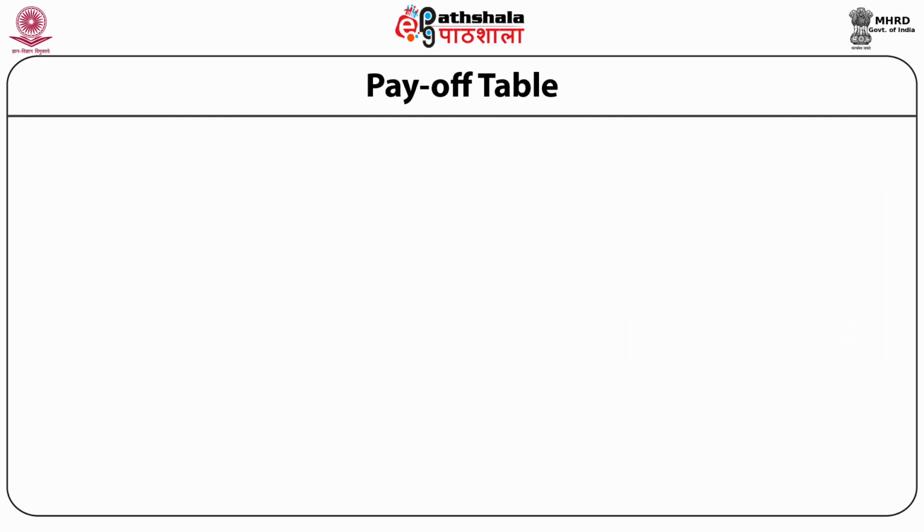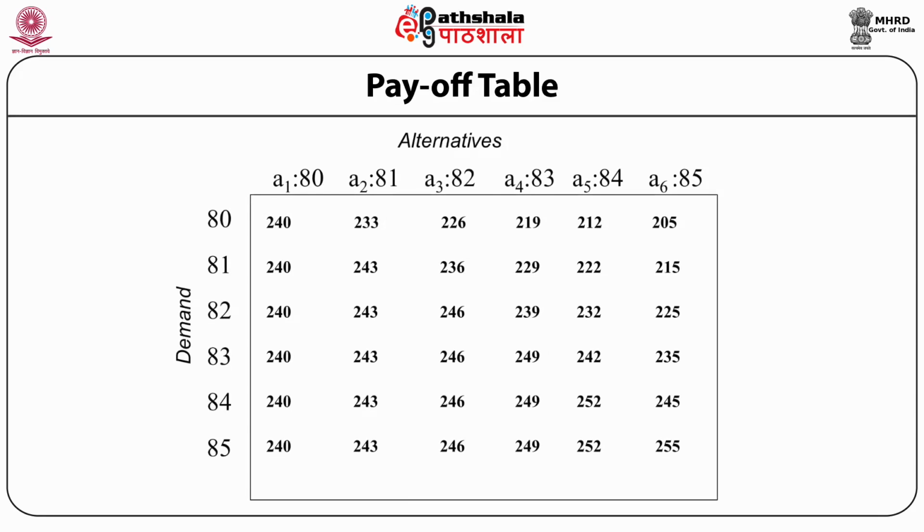So dear students, as I told you that when we are to make decisions under uncertain conditions, so first we need to prepare a payoff table, or in some cases a regret table, that is also known as an opportunity loss table. So here we will learn how to prepare the payoff table with the help of the given example.